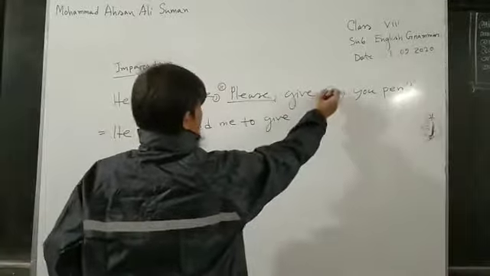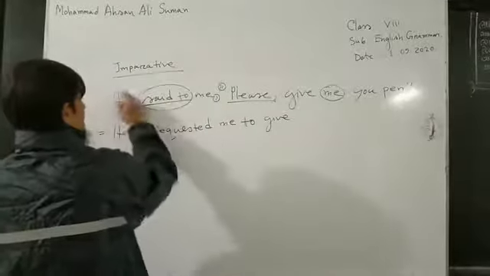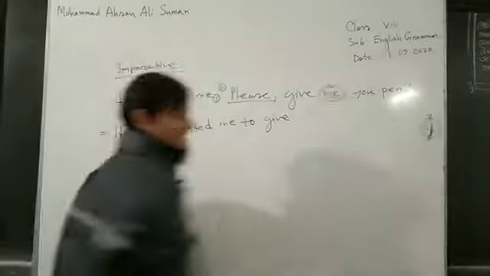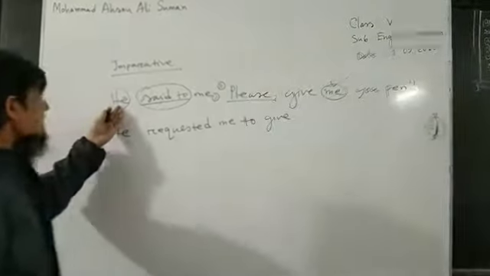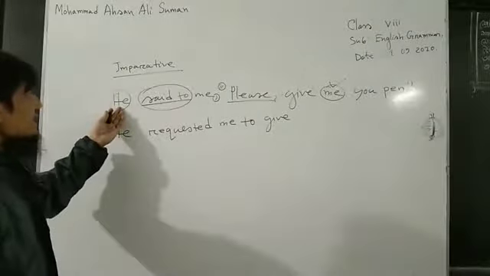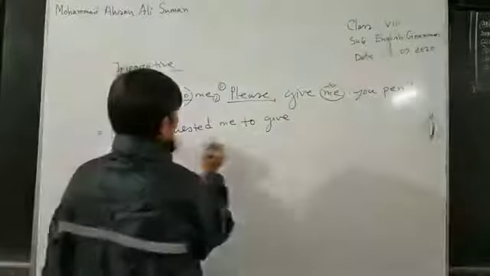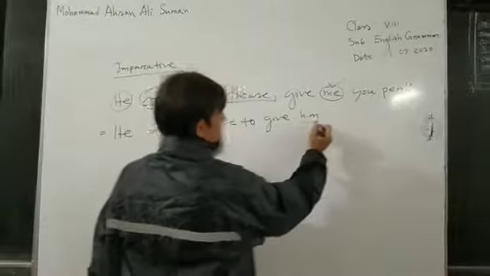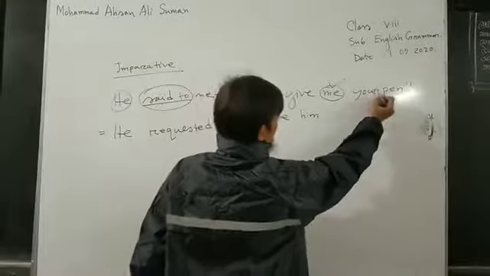I as a first person will be changed according to the subject of the reporting verb. Here me is in the objective form, so we should change the subject form he into the objective form him. He requested me to give him your pen.